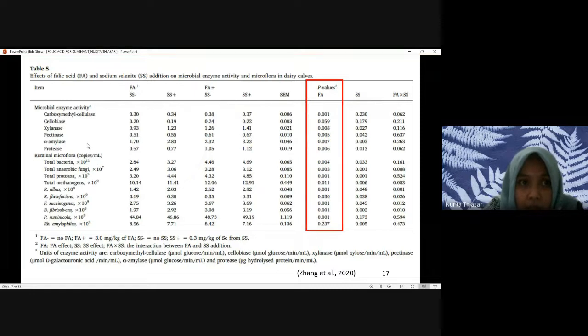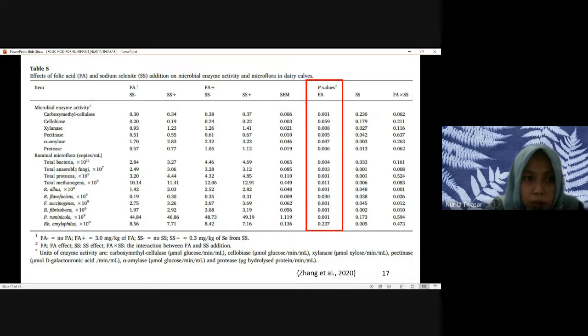Next, this one I would like to show the effect of the folic acid on the microbial enzyme activity and microflora in dairy calf. So in this one we can see that with the addition of the folic acid, the number of the microbial enzymes is increasing.